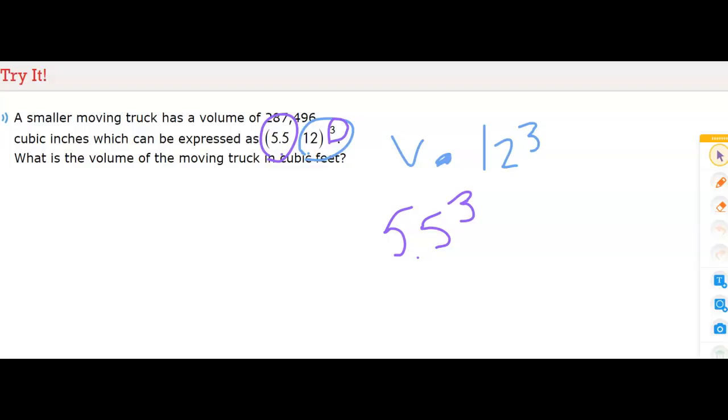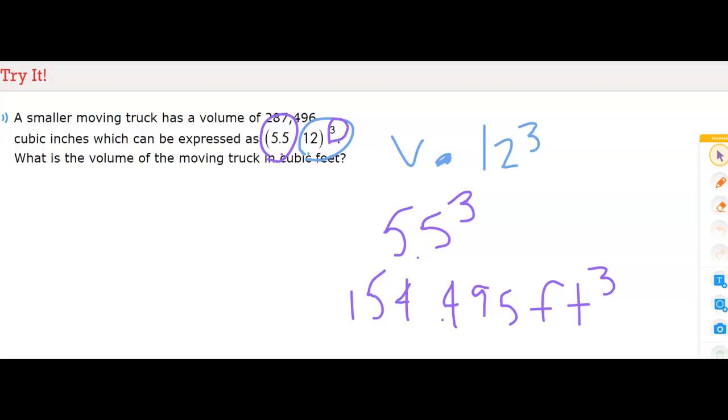And we can evaluate that, and I'm going to definitely use my calculator. So 5 5/10 to the third power is equal to 154 and 495 thousandths feet cubed. Of course, I'm checking my work again, and I realize my calculator is only as smart as my fingers.